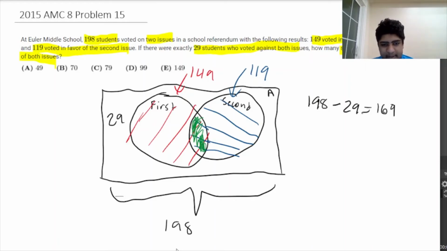And now we're going to look at this diagram. We're first going to note by the principle of inclusion-exclusion that the number inside of the Venn diagram is going to be equal to this red area, which is the first, plus this blue area, which is the second, minus their green intersection.